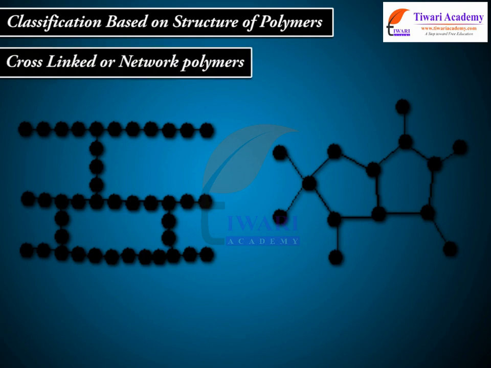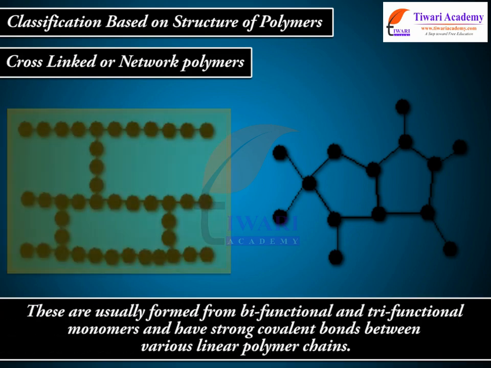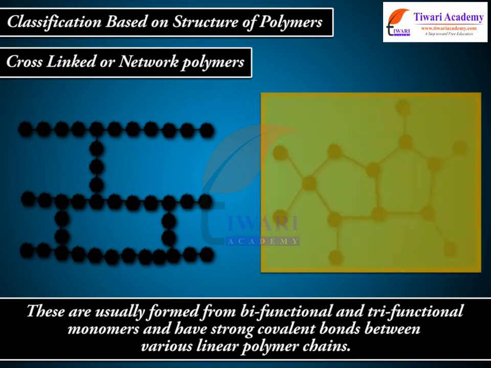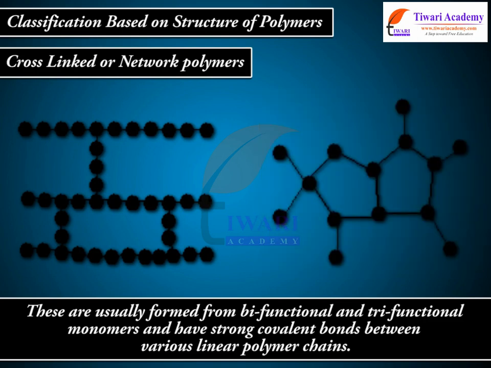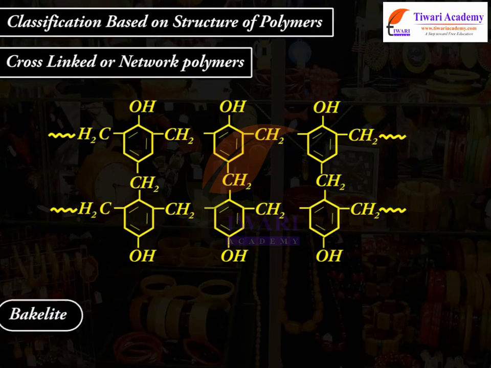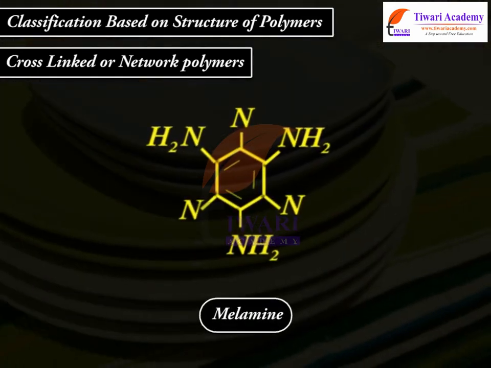Cross-linked or network polymers. These are usually formed from bifunctional and trifunctional monomers and have strong covalent bonds between various linear polymer chains. Examples: bakelite, melamine, etc.